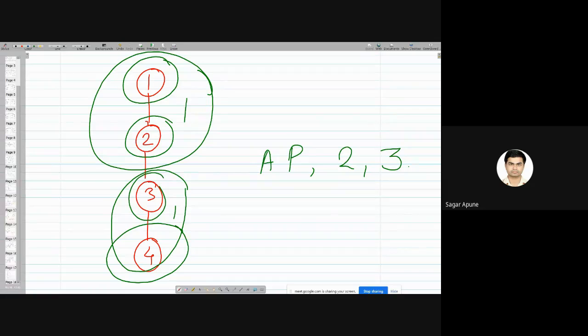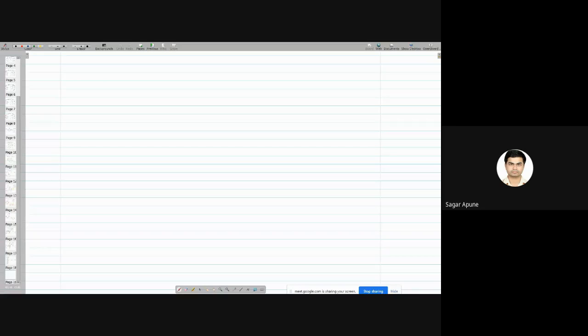adjacency list and adjacency matrix. So first is adjacency list.